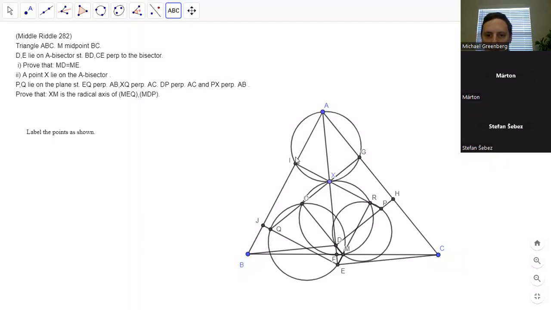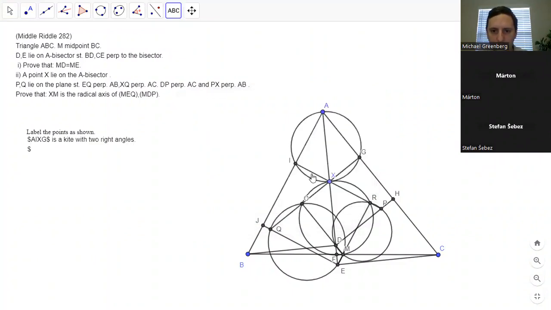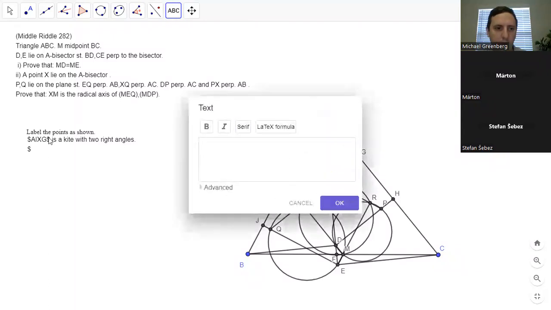So yeah, what do we have to prove and what do we know? Let me start from the beginning. So PX is perpendicular. Okay, so AIXG is a kite with two right angles. And that means that angle IXA is angle GXA.